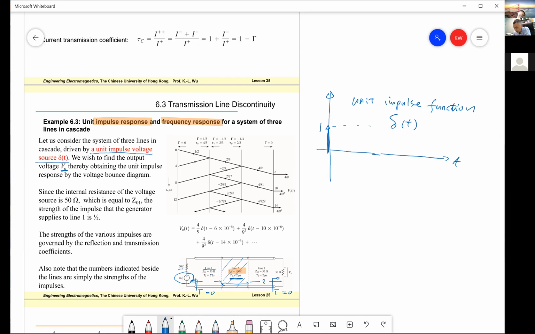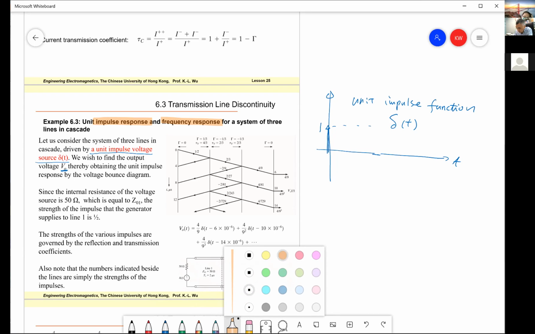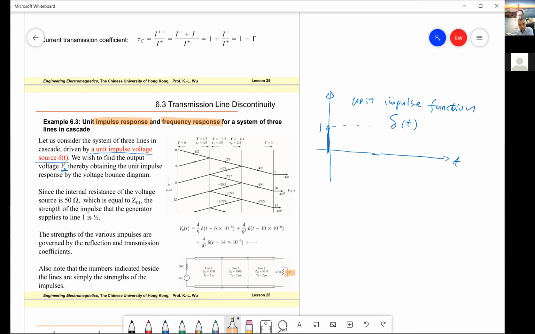The voltage we collect here, this is the voltage we try to find. The computer is slow. Let's find the voltage across the terminal, and let's find not only the time domain voltage but also the frequency domain response.